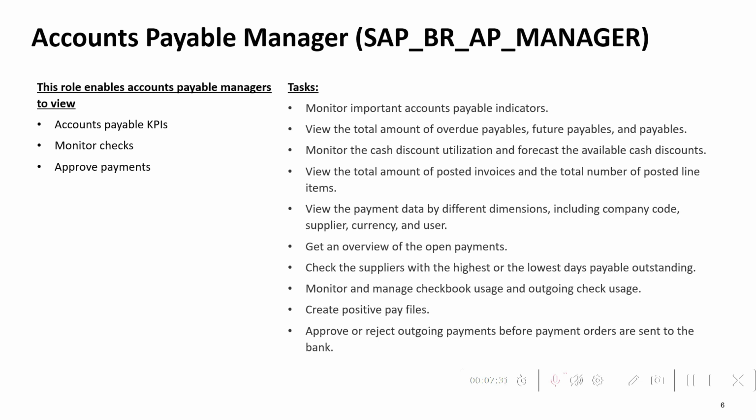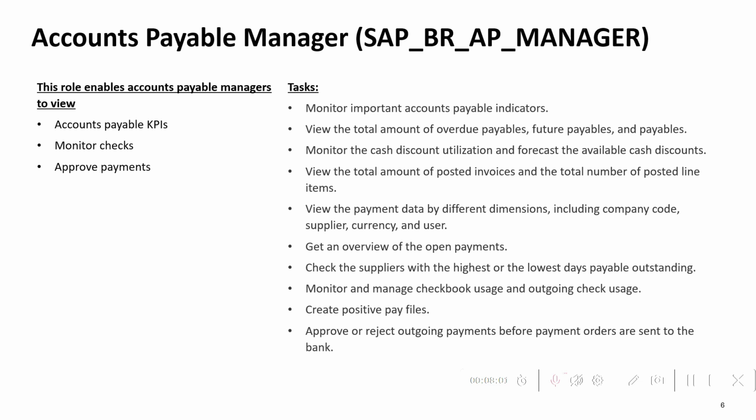Monitor important accounts payable indicators. View the total amount of overdue payables and future payables. Monitor the cash discount utilization and forecast the available cash discounts. View the total amount of posted invoices and total number of posted line items. View the payment data by different dimensions, including company code, supplier, currency, and user.